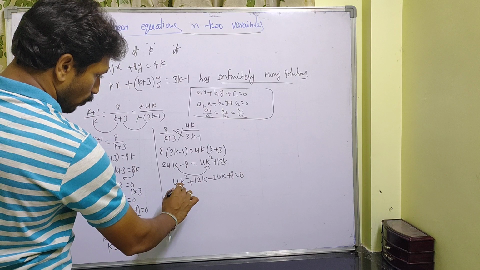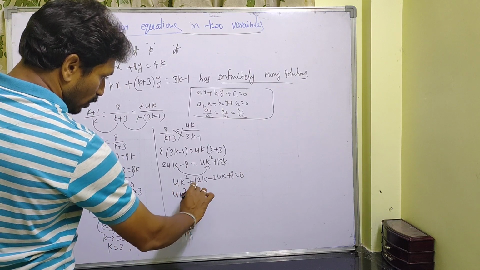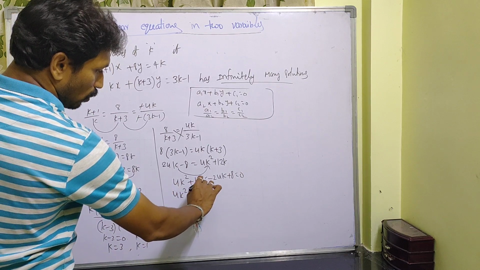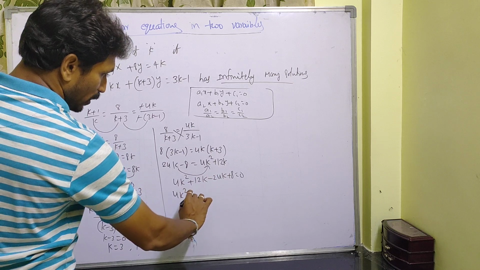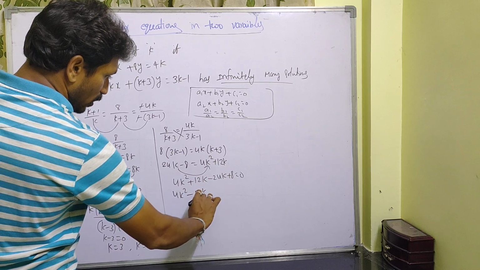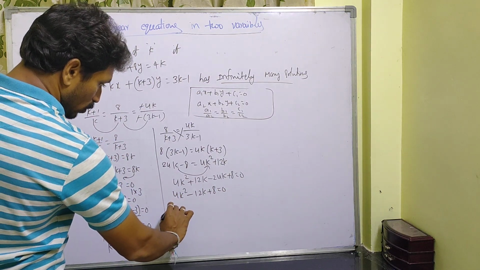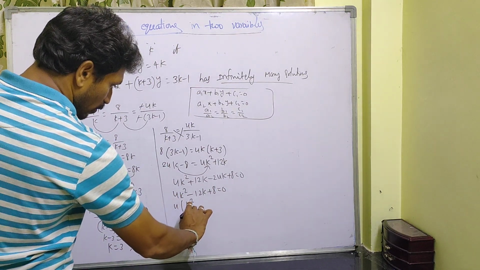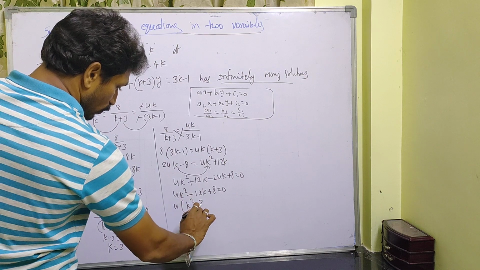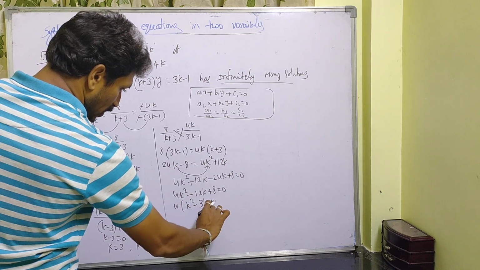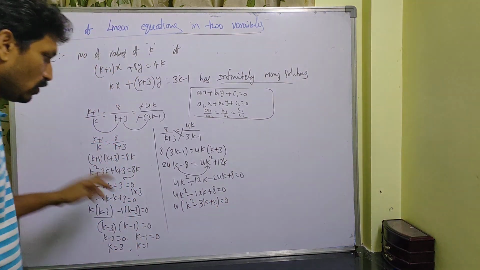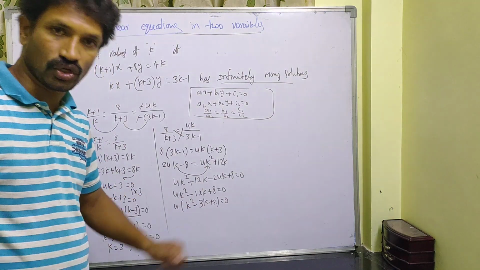So what will it be? 4k square, plus 12k minus 24k, that means minus 12k, plus 8 is equal to 0. Here 4 is common, so after taking 4 common, k square minus 3k plus 2 is equal to 0. So 0 by 4 is equal to 0 only.